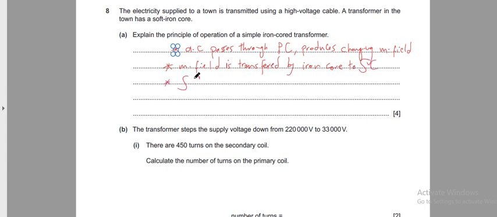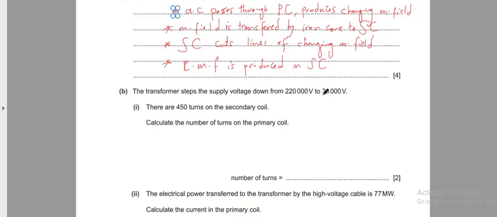So the secondary coil cuts lines of changing magnetic field, which produces EMF in the secondary coil.